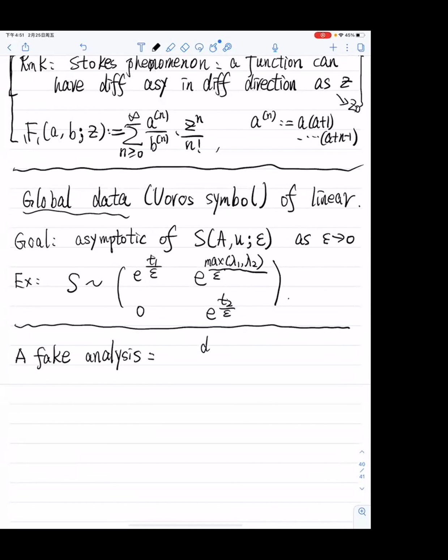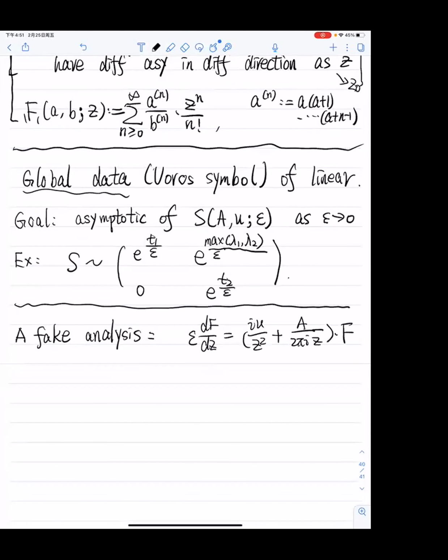Because I'm gonna use this equation from time to time, let me write it one more time. I put all this 2 pi i just for the convention to be simple.